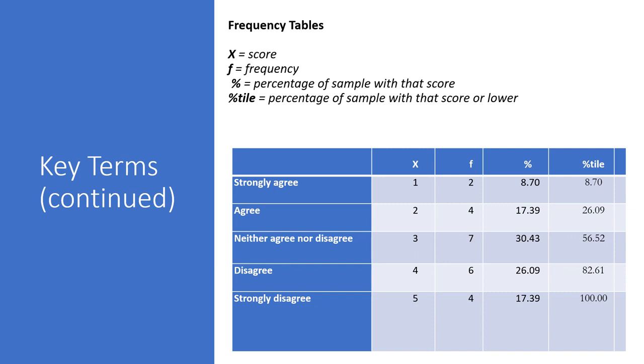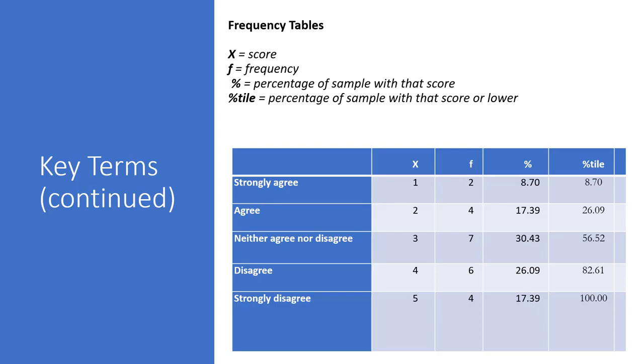So if you take 2 divided by 23, you're going to get 8.7. If you take 4, which is the frequency for a score of 2, 4 divided by 23 is going to give you 17.39. So that's how those percentages are computed.